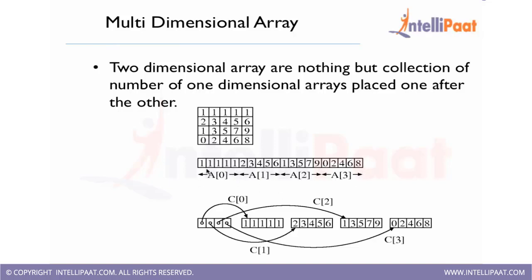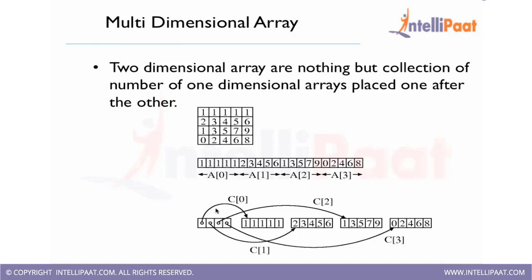Here a of 0 refers to the first row, a of 1 refers to the second row, a of 2 refers to the third row, and a of 3 refers to the fourth row.